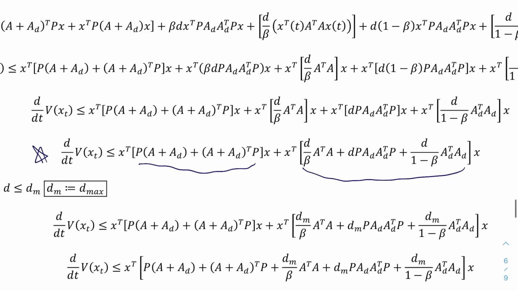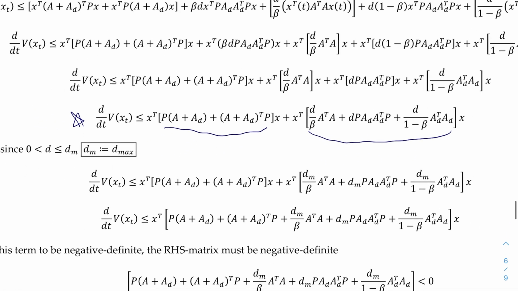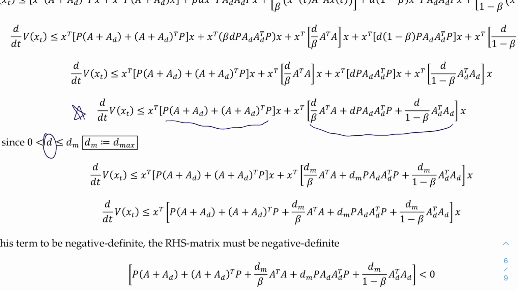Here at this moment, d is upper bounded by d max. I call it dm because max would be longer and the expression is already long. So that expression is also upper bounded by the dm version of that, right?